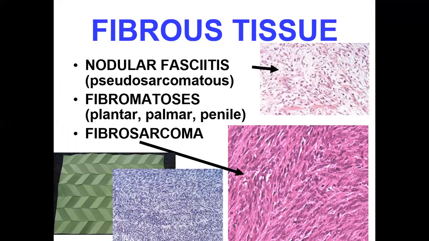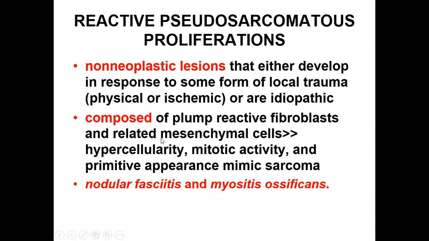Then is fibrous tissue. So the benign tumors are nodular fasciitis and fibromatoses, and the malignant one is fibrosarcoma. So reactive pseudosarcomatous proliferations are non-neoplastic lesions, and they often develop in response to some form of local trauma, physical or ischemic, or they may be idiopathic.